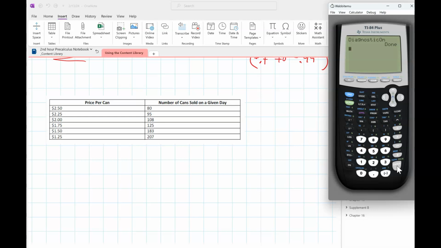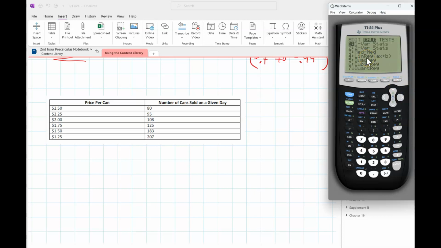Okay, let's build our best fit line now. To do that, we're going to press the stat button, which was right by the left-hand arrow. From the stat menu, I'm going to move over onto the calculate tab.